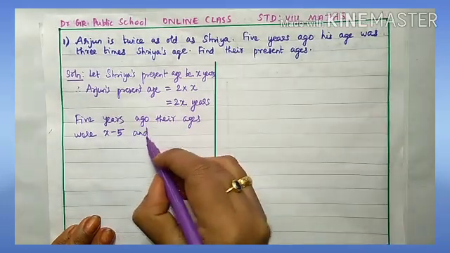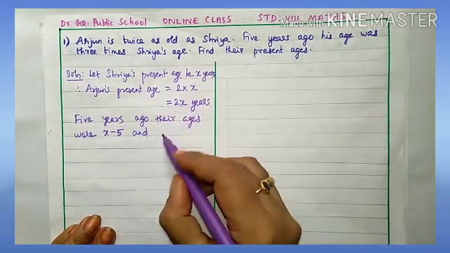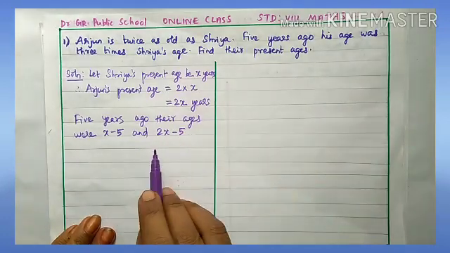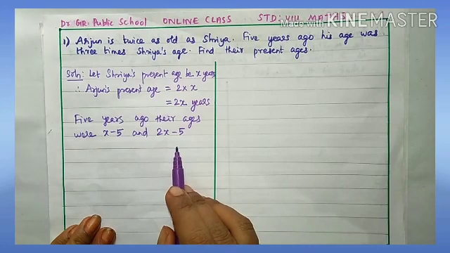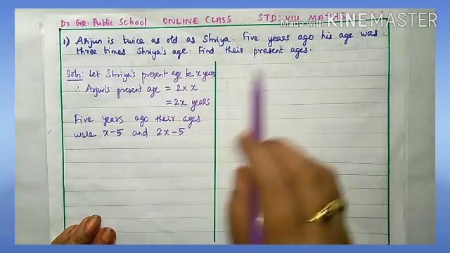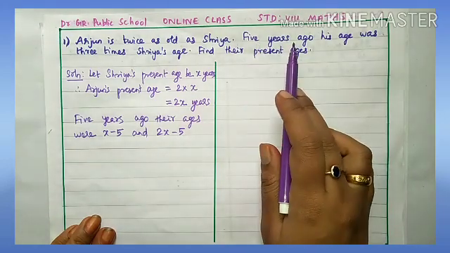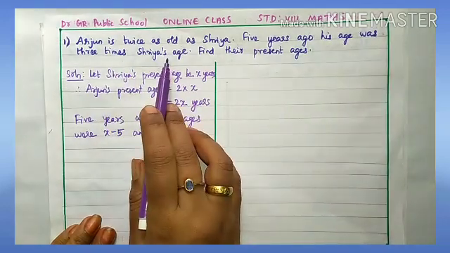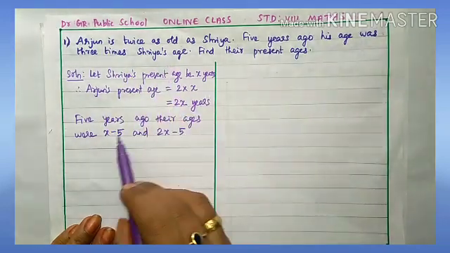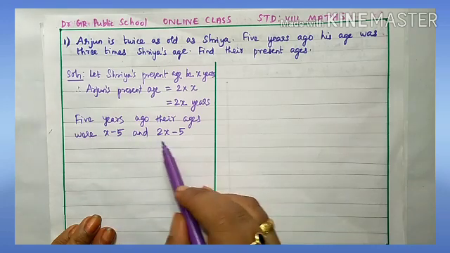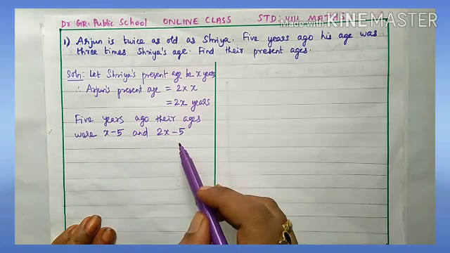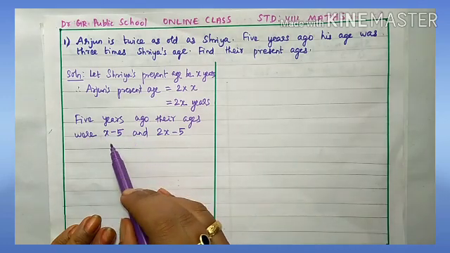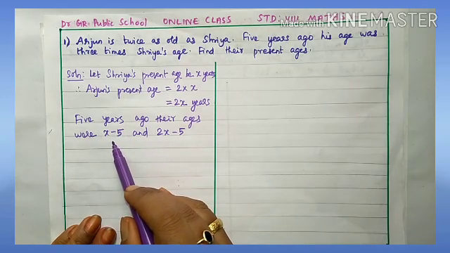And Arjun's age will be 2x minus 5. From both their present ages I subtracted 5. Yes. Now what is the condition? 5 years ago Arjun's age was 3 times Shreya's age. That means Arjun's age 2x minus 5 before 5 years is 3 times of Shreya's age. That is, we want to multiply by 3.